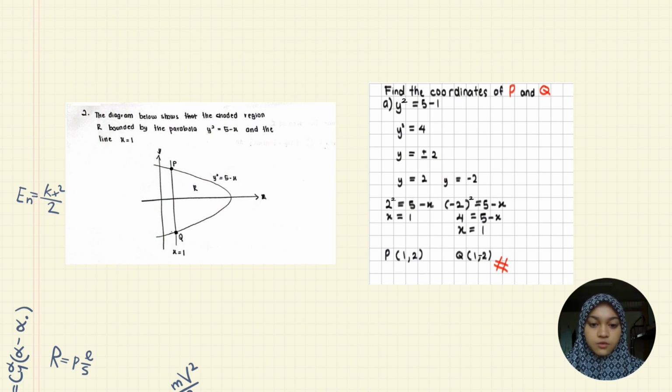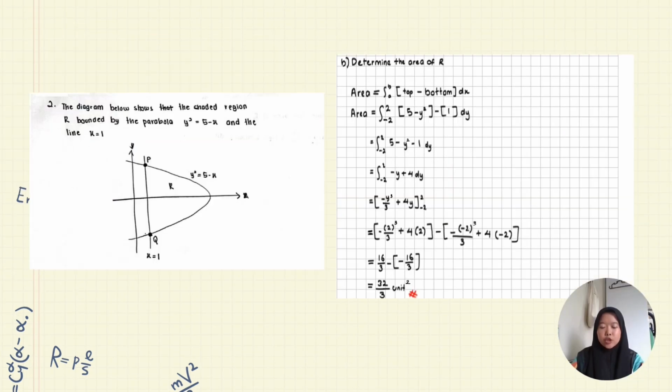Then substitute equation 1 into 2. After the calculation, we got y equals positive 2 and y equals negative 2. Then substitute the y value into the second equation. After the calculation, we finally got the coordinate of P, which is (1, 2), and the coordinate of Q, which is (1, negative 2).